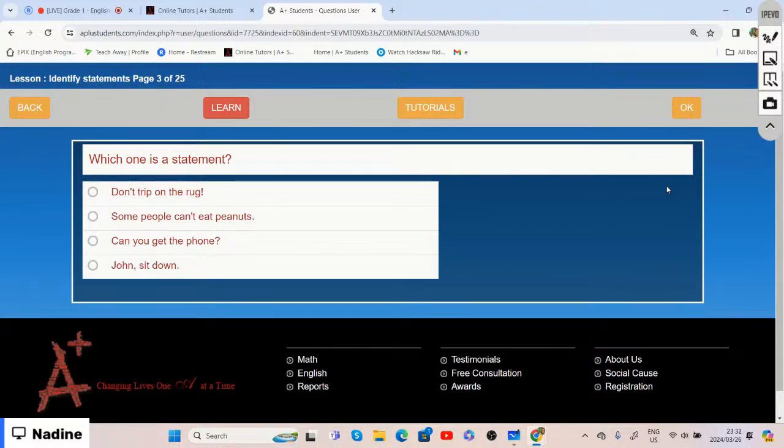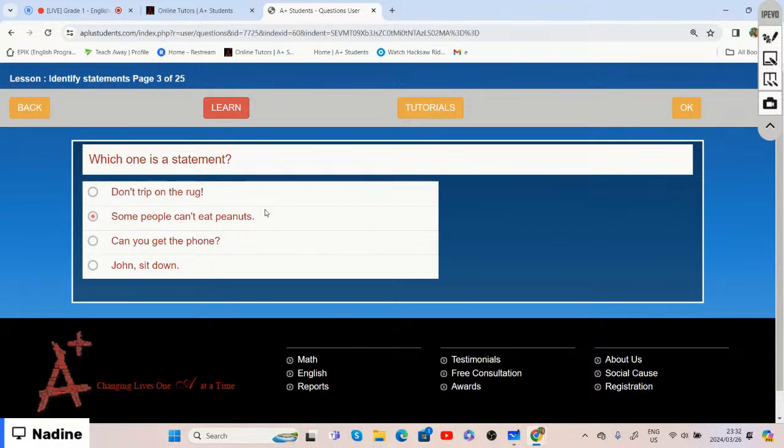Remember, if I say don't trip on the rug, then I'm commanding you to not trip on the rug. So if you are going to trip on the rug, I'm going to be angry. And remember that ends with an exclamation point. We said that a statement ends with a period. All right, then if we choose the correct one, we will choose option 2.